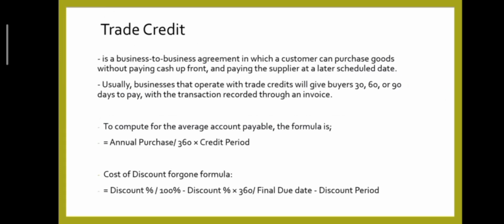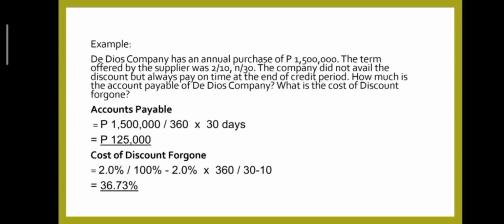The cost of discount formula is actually useful for us in determining whether we must offer or take advantage of the given discount. For you and for us to understand these formulas that I've mentioned earlier, we prepared a sample problem with solutions to clarify on how to execute these formulas.